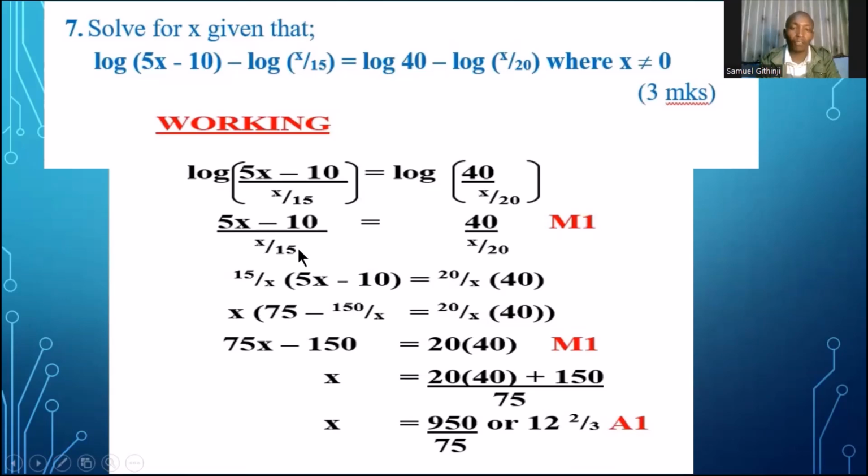Now do the reciprocal of this, multiply here. The reciprocal of this one, multiply. Try to simplify. Maybe I want to eliminate this x here. I can multiply by x all through. By doing that, I'll end up with this equation. Having done that, I can take this 150 on the other side. Then I divide by 75.